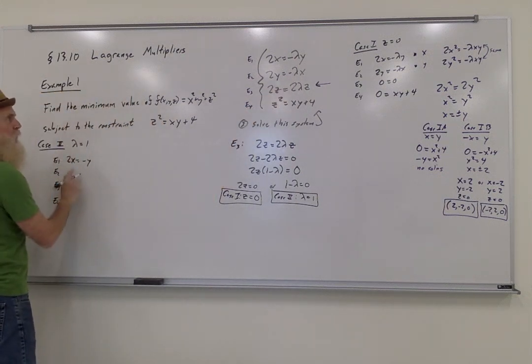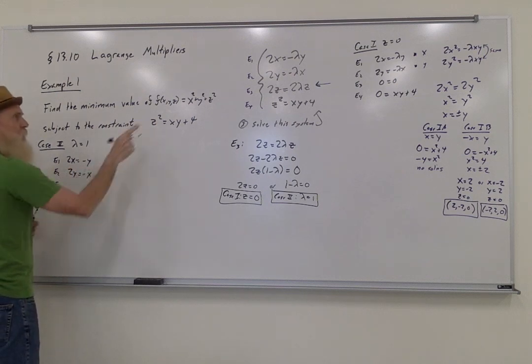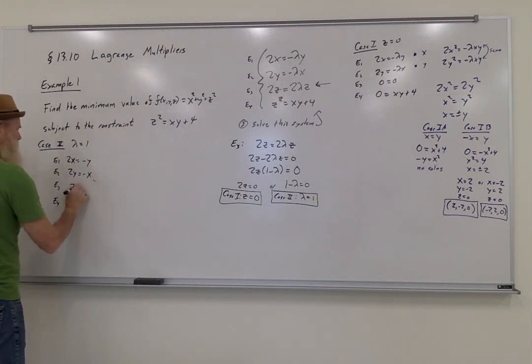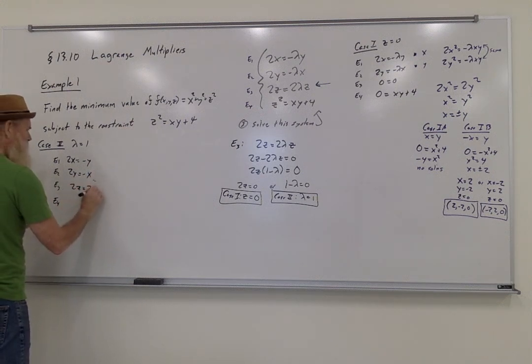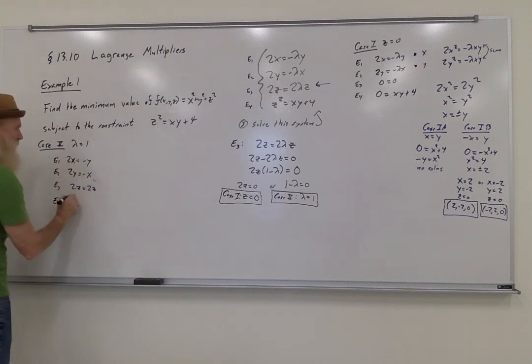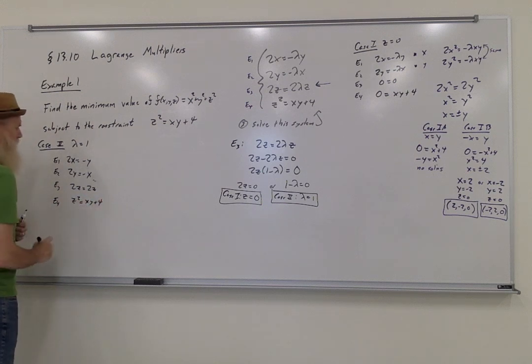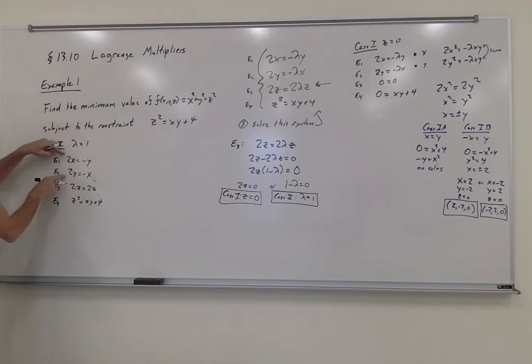Plugging into equation 2, I have 2y is negative x. In equation 3, I get 2z equals 2z. Notice that that doesn't give us anything useful. And lambda doesn't appear in the fourth equation, so z squared equals xy plus 4. So once again, we're going to be working mostly with equations 1, 2, and 4.